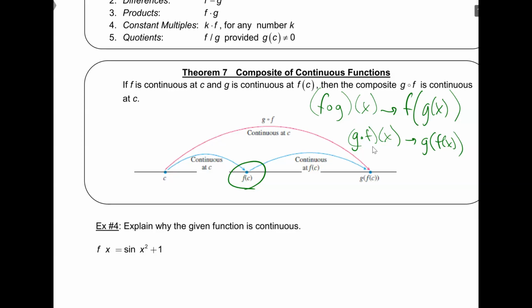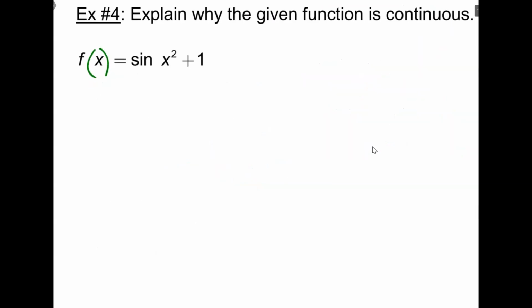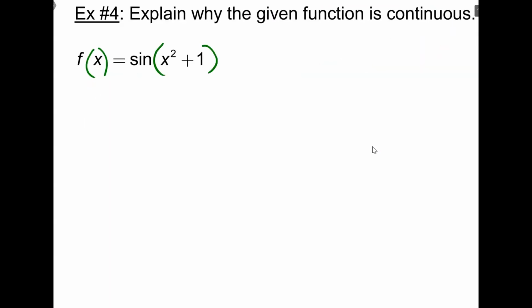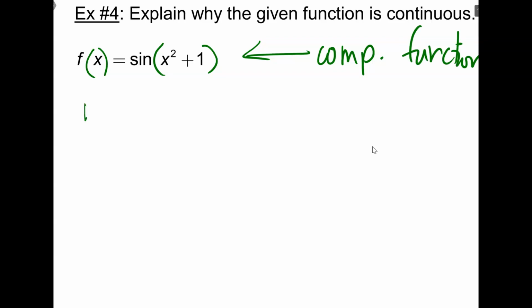Okay, so what does this even mean? Let's try this out. Here I have f of x equals sine of x squared plus 1. That definitely looks like a composite function. Who would have thought? So I could say h of x is sine of x, my outside function, and g of x, the inside function, is x squared plus 1.